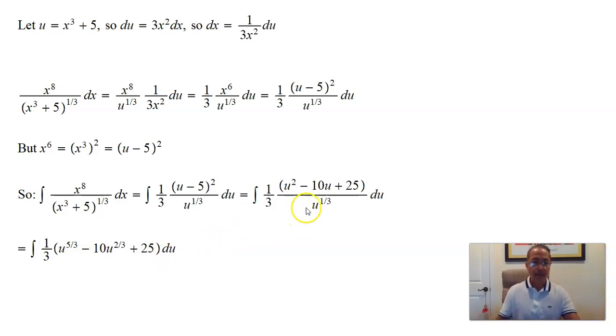And finally 25. There's no u there, so that's u to the 0. 0 minus 1/3 is power negative 1/3. There we go.